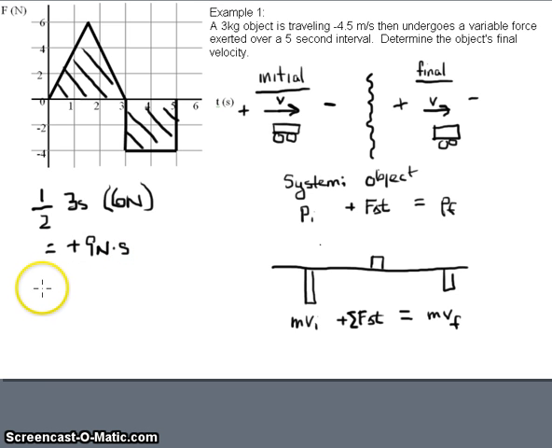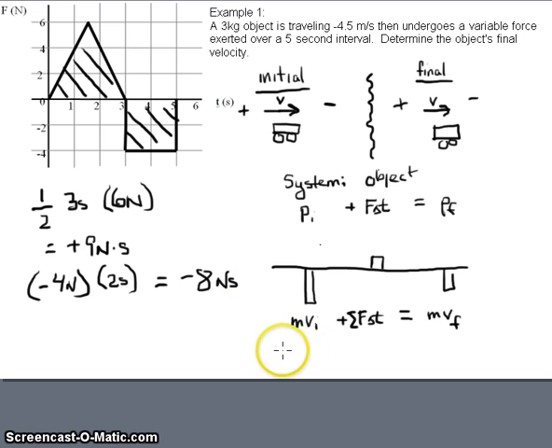And then the square here will be negative 4 newtons times 2 seconds, which will give us a negative 8 newton-seconds.